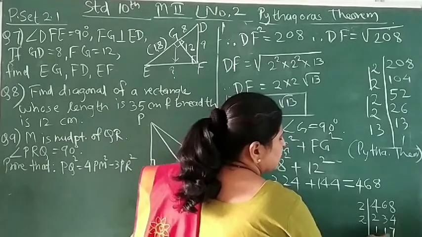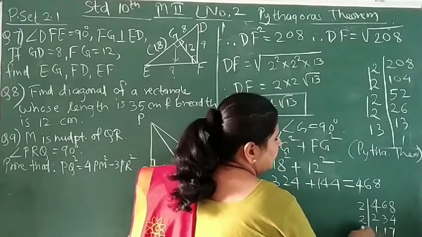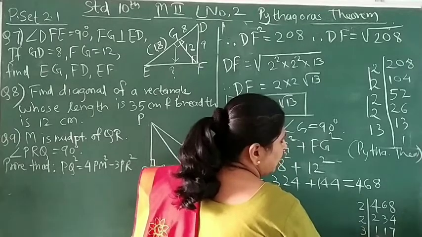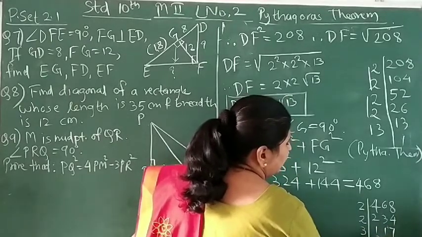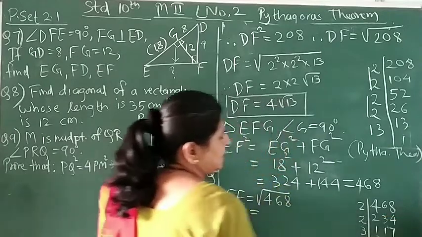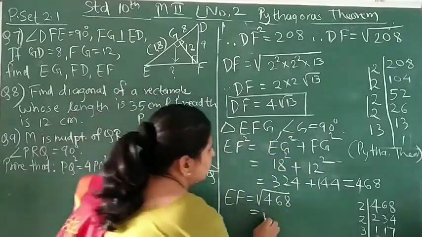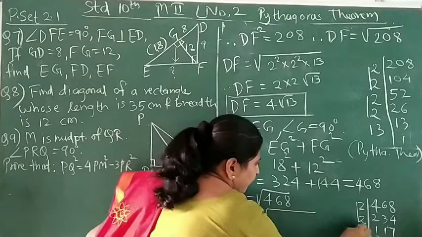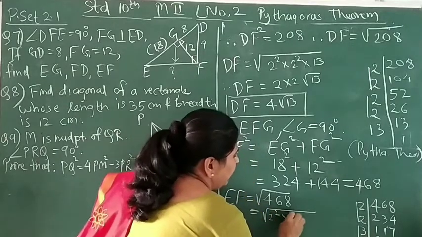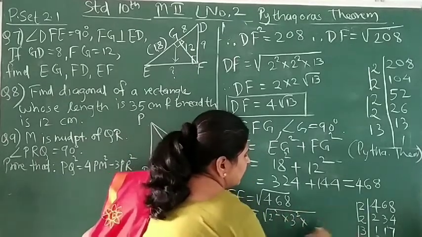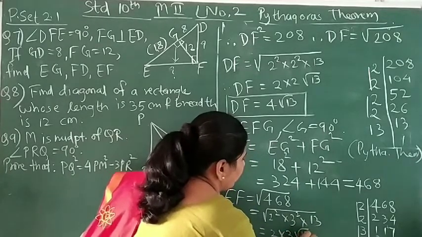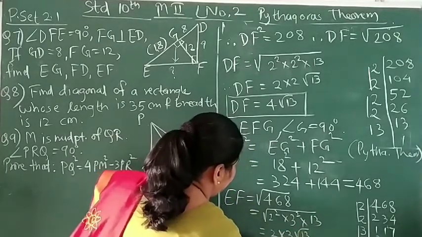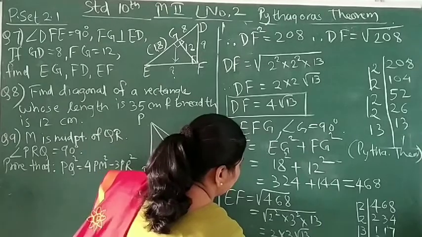Now this is divisible by 3, since 1 plus 1 plus 7 is 9. 3 thirteens are 39, and again by 3 we get 13. So this is the product of 2 square into 3 square into 13. So here you can get 2 into 3 into square root of 13. That's why EF is equal to 2 threes are 6 root 13.